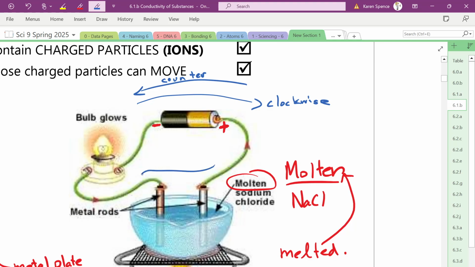So this would be clockwise. This would be counterclockwise. Tell your partner what you think. If you agree, that's great. If you disagree, try to convince each other. So if you think they move counterclockwise and your friend thinks they move clockwise, see if you can convince each other which way they're going.